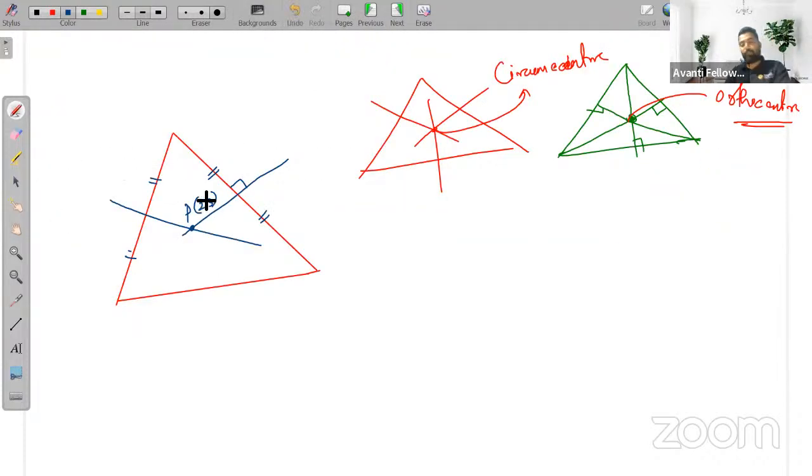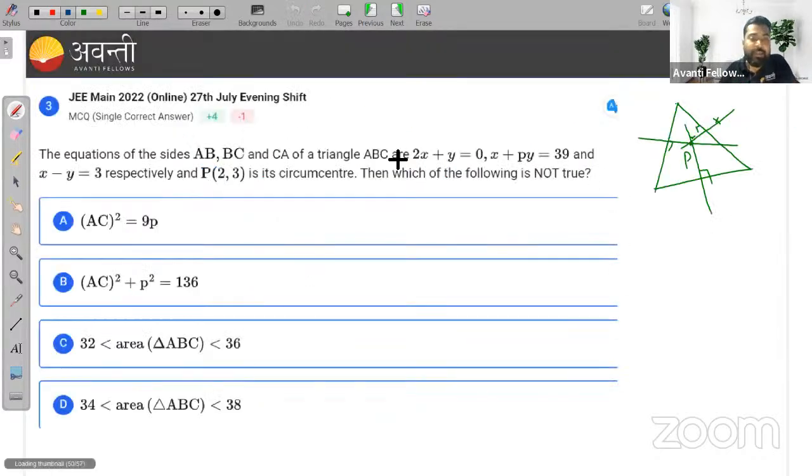Before solving the question, in coordinate geometry or conic sections, you must draw the figure. And these are my points A, B, C. The equation of AB is given as 2x plus y equal to 0.